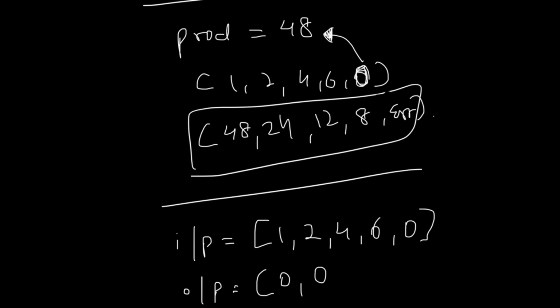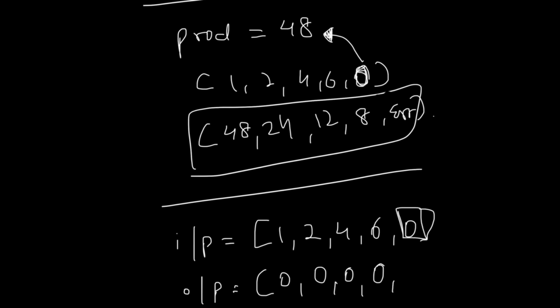So this is 0, and similarly we'll have all zeros except when we come to this 0 in the input array itself. What happens when we come here? When we see this 0, we will calculate the result as the product of all other elements except this 0, and that is going to be 48, which we've already calculated before.